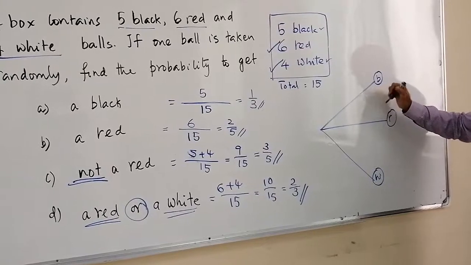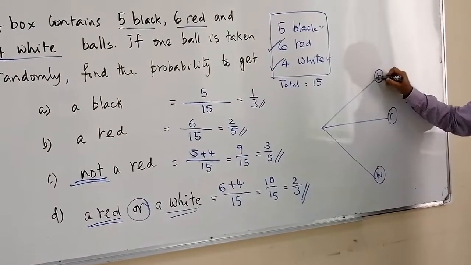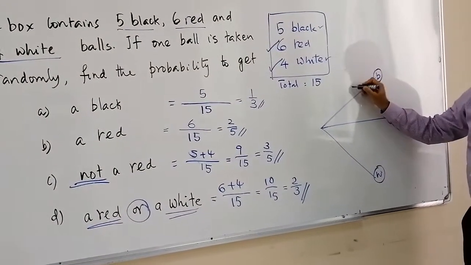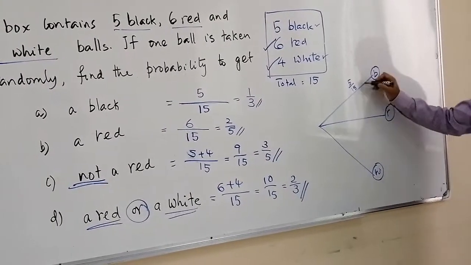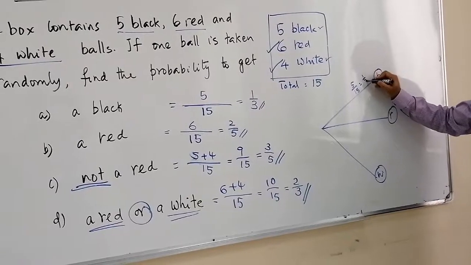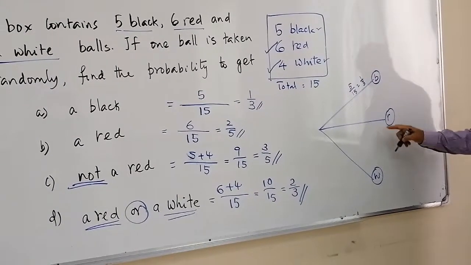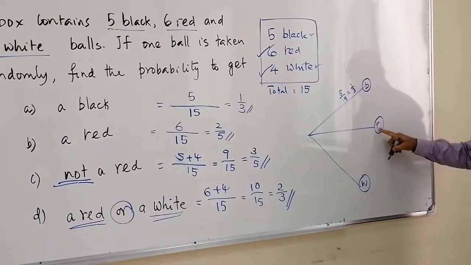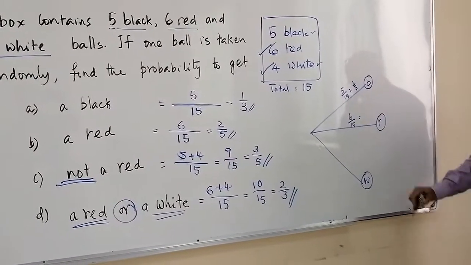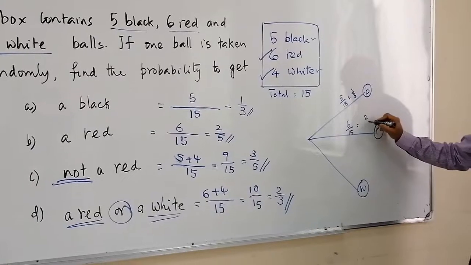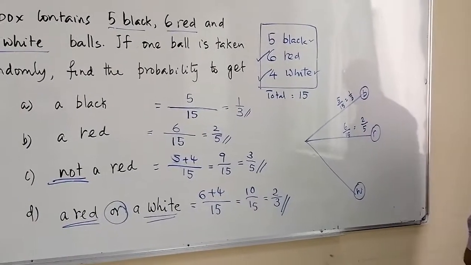And in each case, we know the probability. How many black are there? 5 out of 15. This can be simplified as 1 by 3. How many red balls are there? 6 out of 15. It can be written as 2 divided by 5.